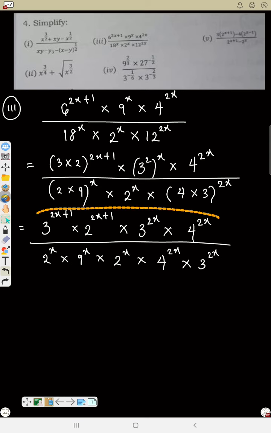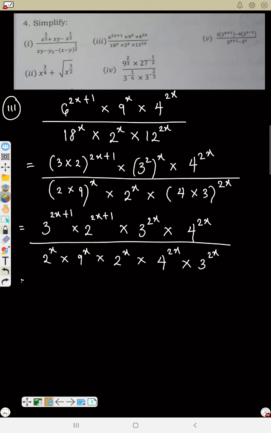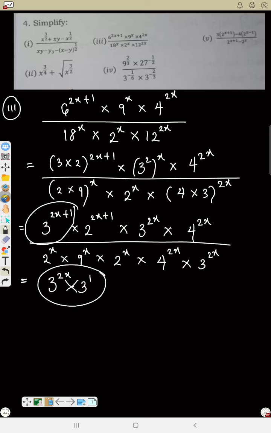So this will become the numerator. We can split it again. This will be 3 raised to power 2x times 3 raised to power 1. Now we can split this to get this. I use the dot to represent times. Take note.